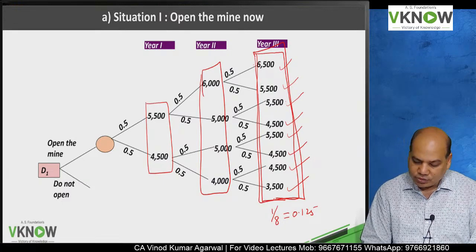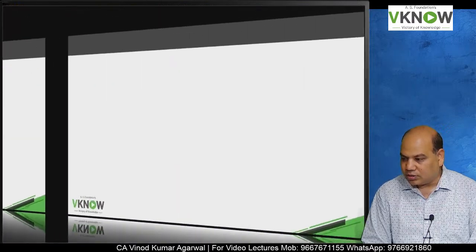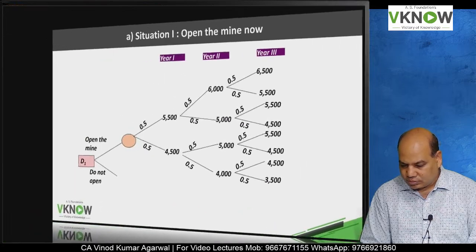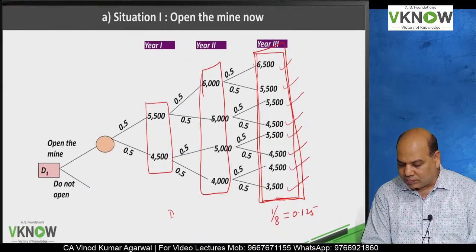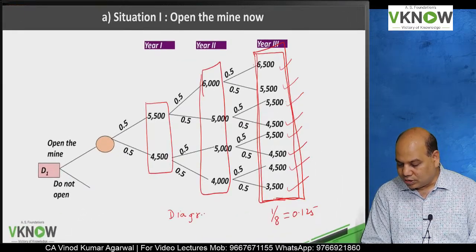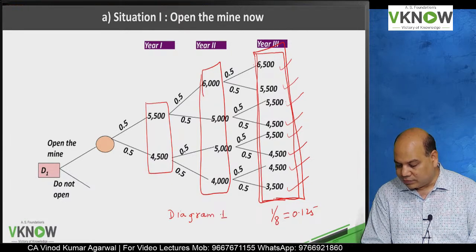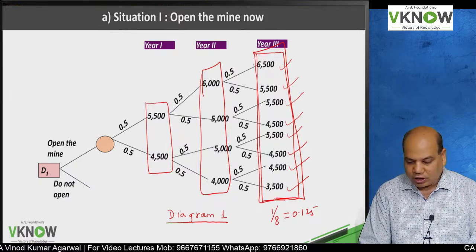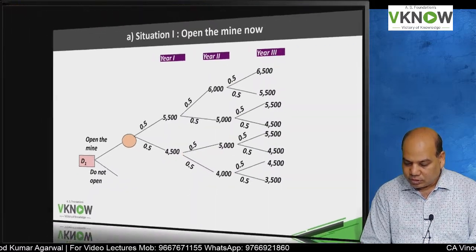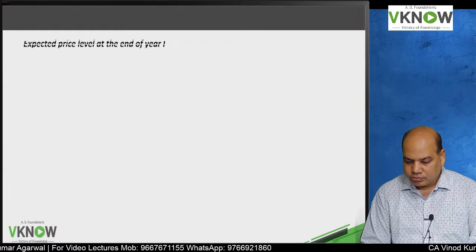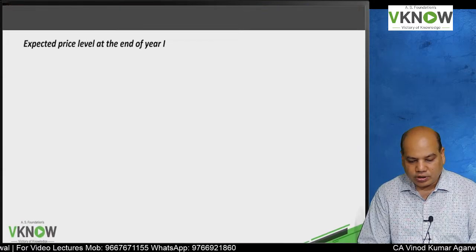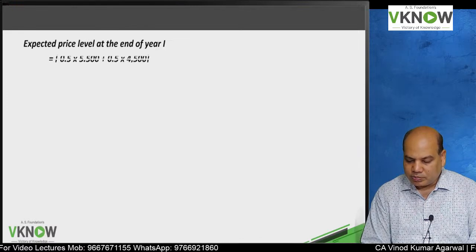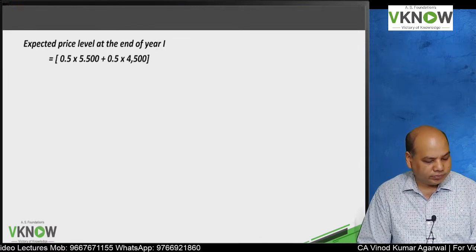First write down below that diagram, or we will give it diagram number 1 so that you will remember, because I have to draw one more diagram. Now write down below: expected price level at the end of year 1.